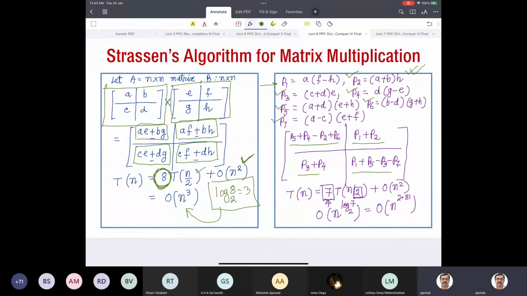You can check it out. Once you check it out, you will see that now that 8 becomes 7. 8 is reduced to 7, and now log 7 to the base 2 is 2.81. And by this new divide and conquer technique, I have reduced the complexity of matrix multiplication to n to the power 2.81.